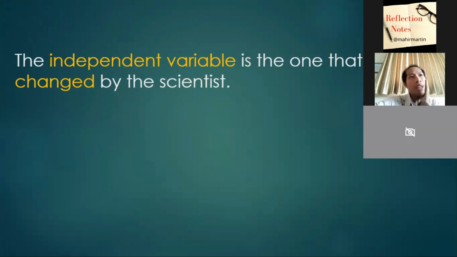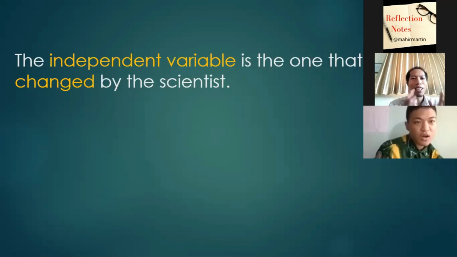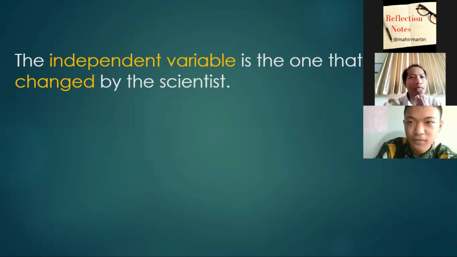We have different types of variables. Let's see now the classification of variables. The first type we call independent variables. The keyword for an independent variable is changeable. You can change it. The variable that you can change is called the independent variable.